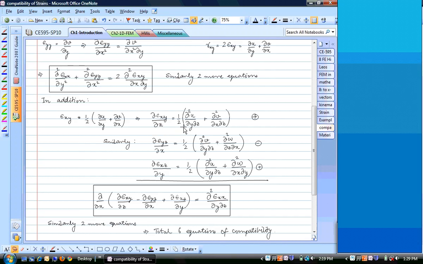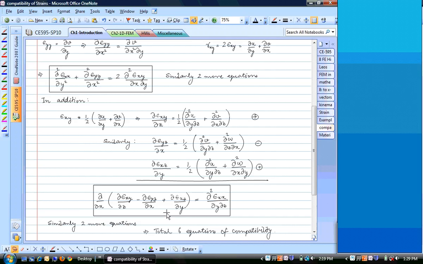So that can be represented with these terms, and I'm going to call this relationship one. And you take the derivative of eyz with respect to x, that's this, and exz with respect to y, which is this. So now I'm going to take the sum of this term, subtract this term, and add this term.